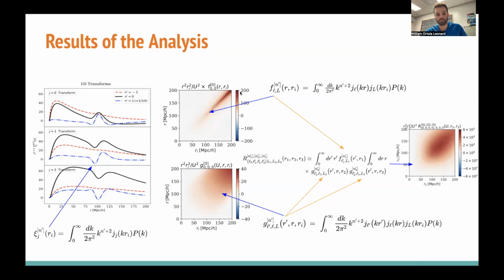And as you can see, we have their plots here. So for example, for 2 spherical Bessel functions, we have this plot. For 3 spherical Bessel functions, we have this plot. And for the full radial integral, we have this other plot. And as we can see, the shapes are very different from each other.